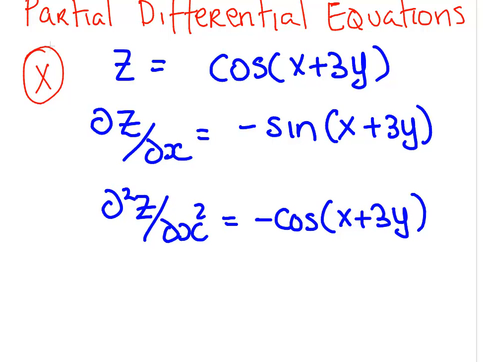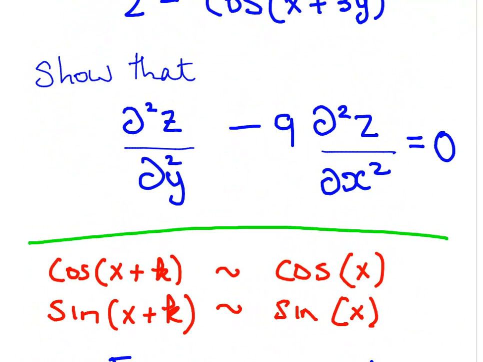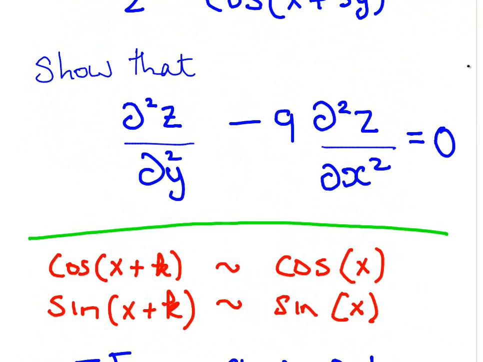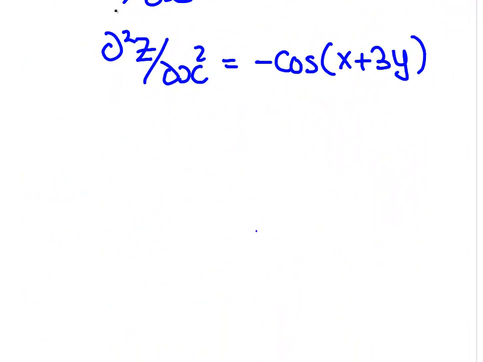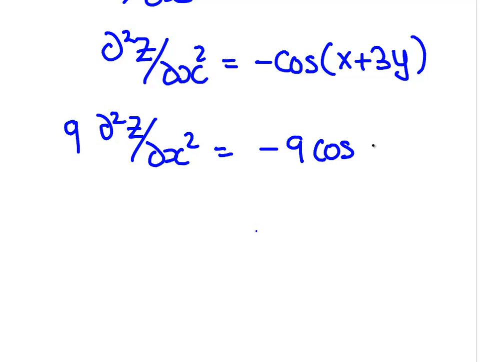Going back to check what we have to do: minus 9 times that. So minus 9 times the second derivative of z with respect to x is 9 cos of x plus 3y. That's one side of the equation done.